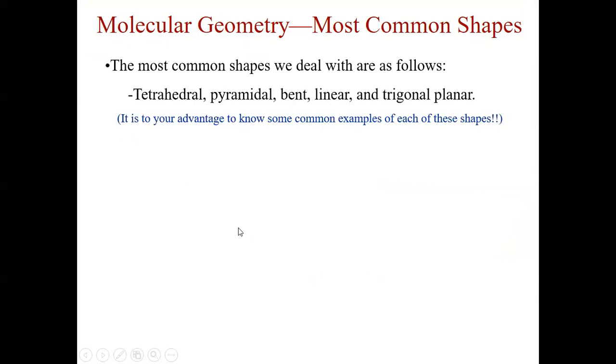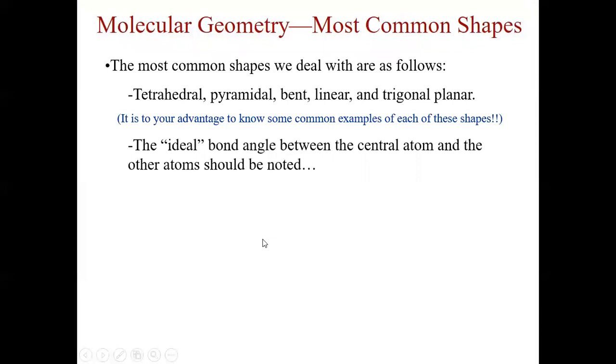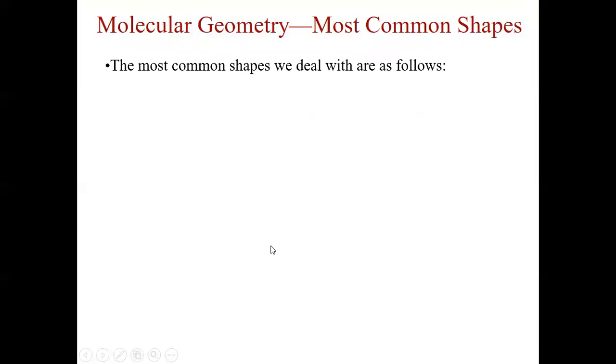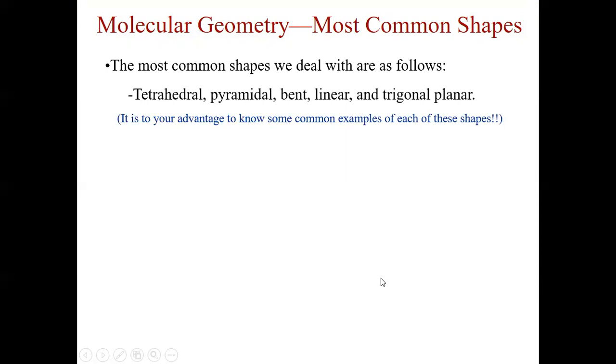The molecular geometry most common shapes. This is something that you do not have in your notes packet. I put this together and I felt like it was important stuff to keep in mind. So the most common shapes that we deal with are as follows. Most of the time we're going to have tetrahedral.